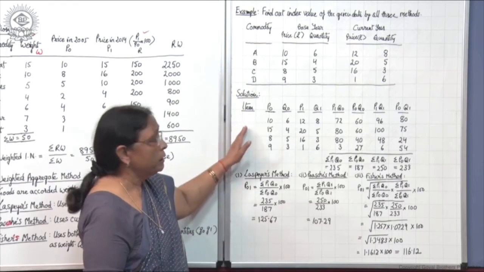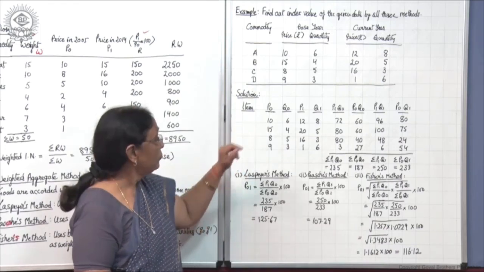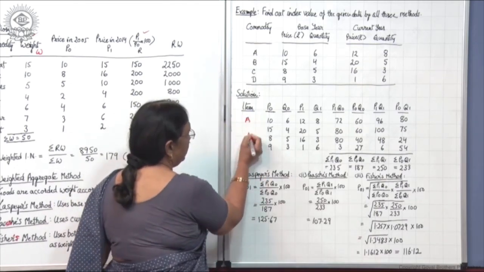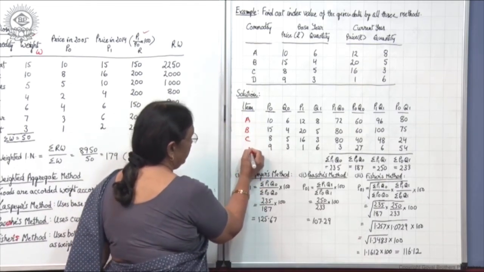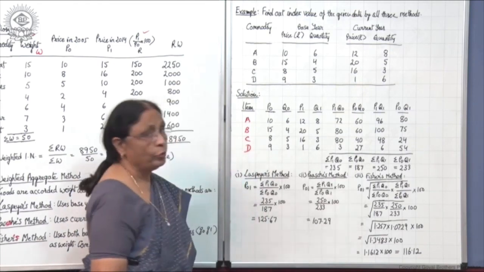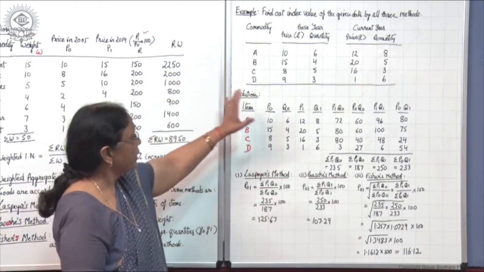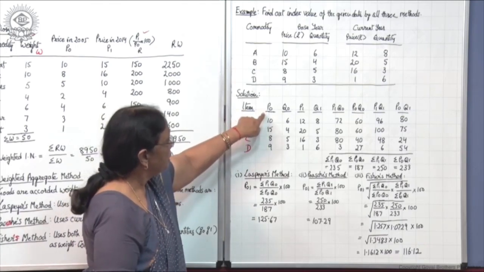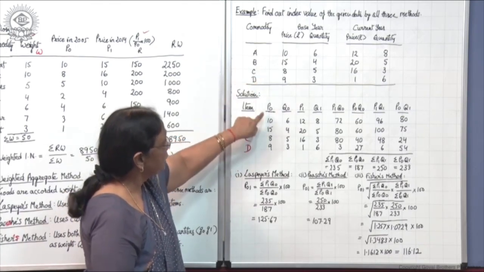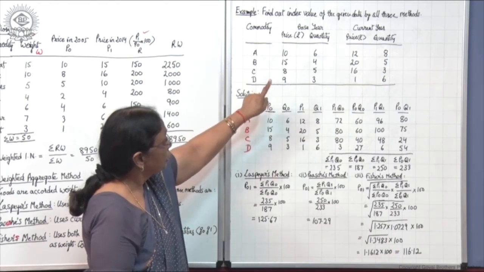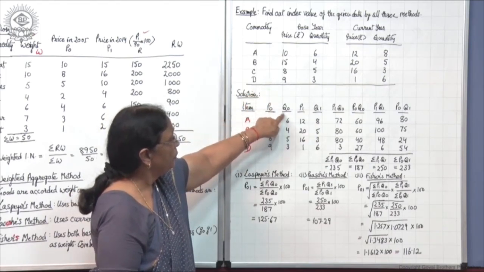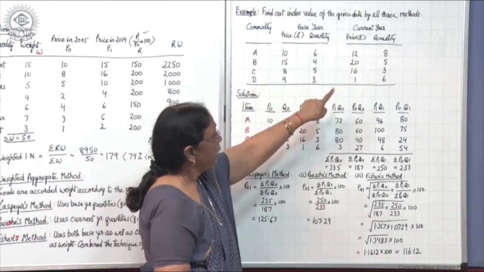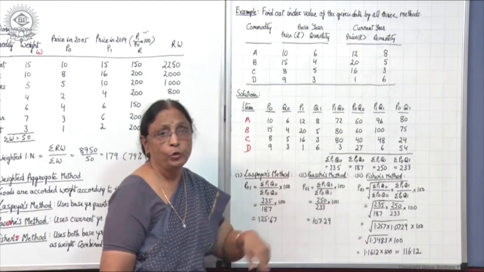Now children, let us see the solution. Here the items are given. Items are A, B, C and D. Four items are given. This is imaginary data. Now we'll copy down the price of base year as P0, quantity of base year as Q0, then price of current year as P1 and quantity of current year as Q1.